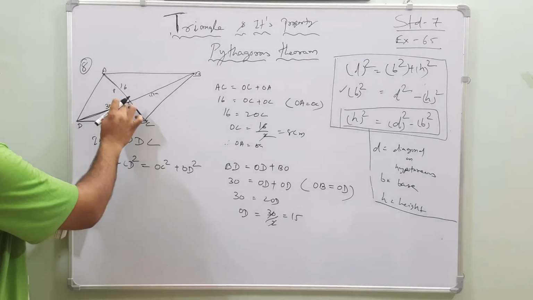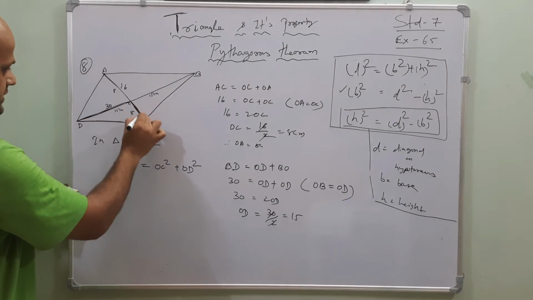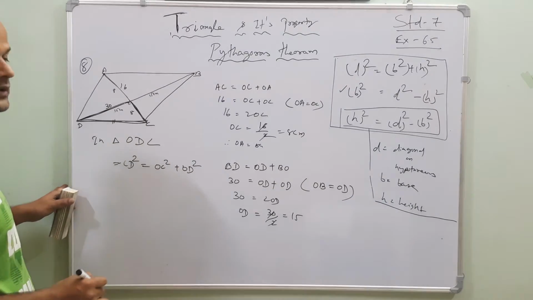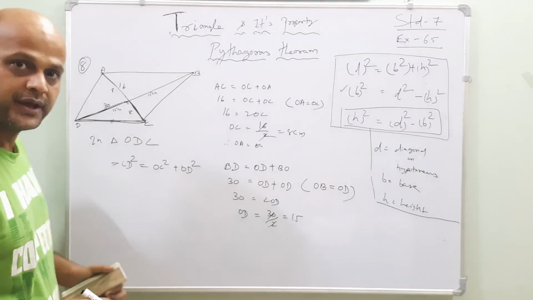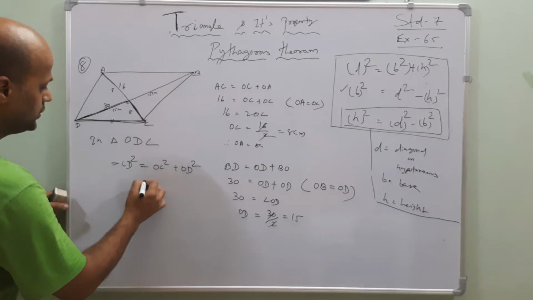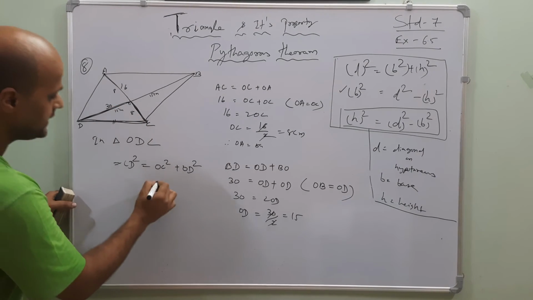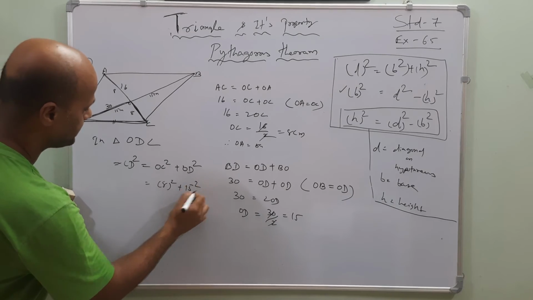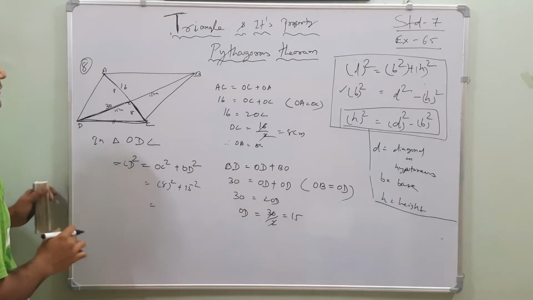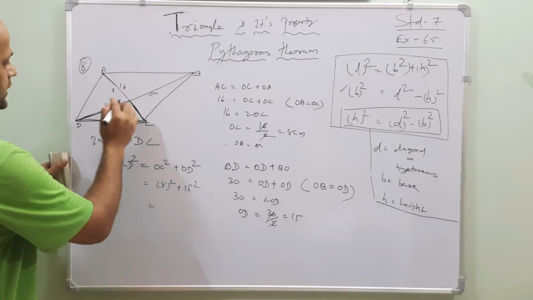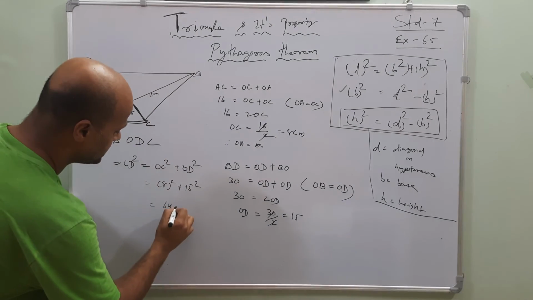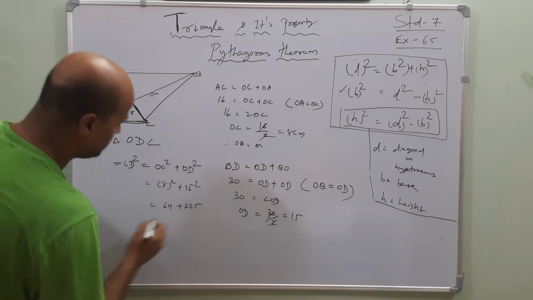This triangle I take. If I take this triangle, then one side will come, and then you can find the perimeter. So OC square is how much? 8 square plus 15 square. This one is 15, yes or no? 15 and 15, 30 is divided into 2 parts. So 64 plus 225.